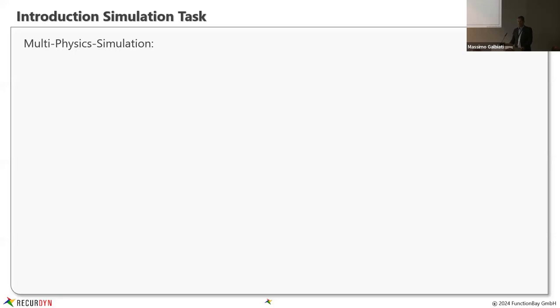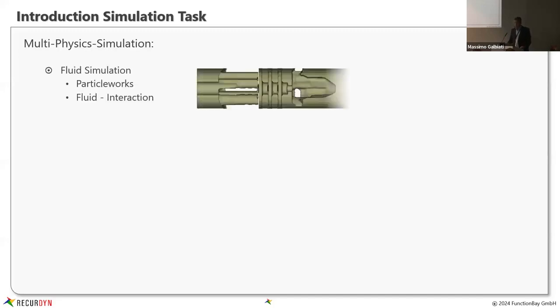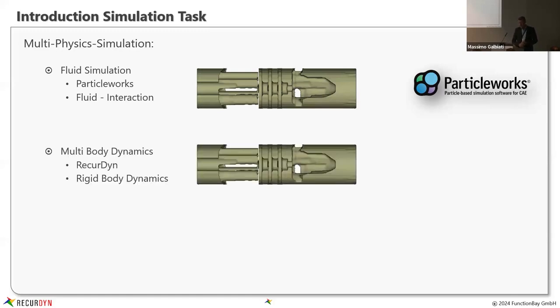At first we have to think about what kind of simulation tasks we have or what kind of methods we need to simulate it. As Riccardo just said, at first we need Particleworks for the fluid simulation. That's, I think, the most important part here. So all the fluid interaction is done by this fluid simulation with Particleworks. The next is the multi-body dynamics for the movement of rigid bodies and also for all the springs, forces, constraints, and so on.